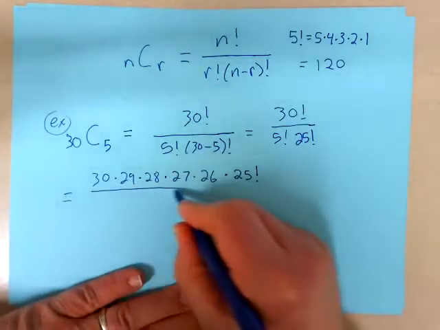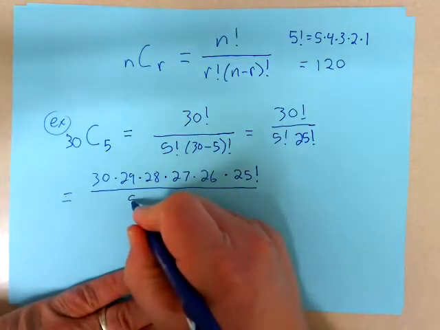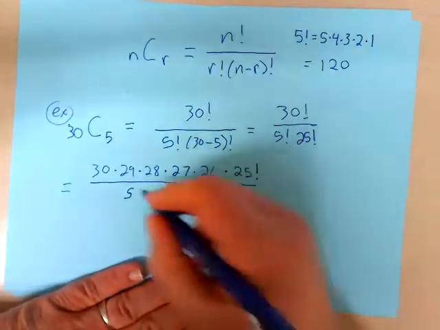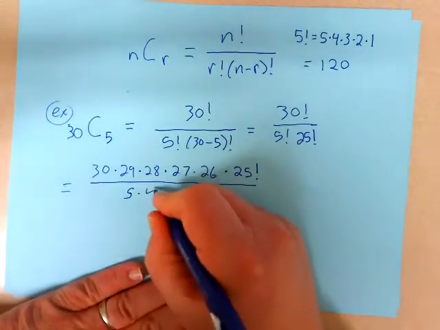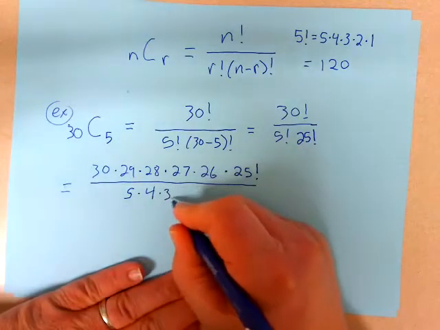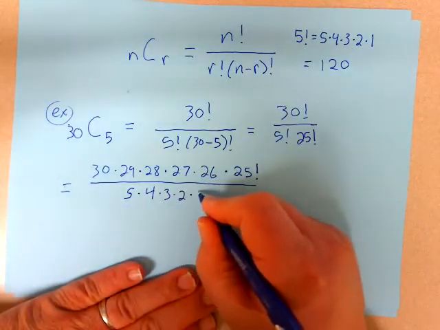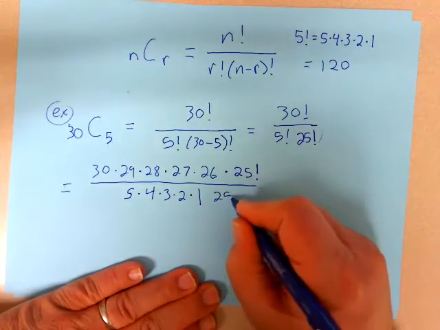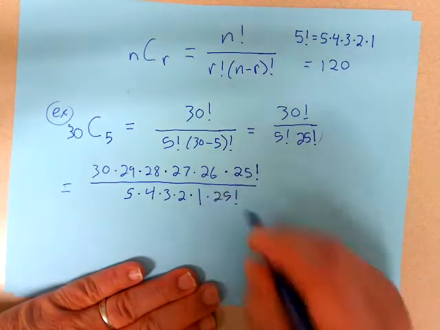The reason for doing that is on bottom I have 5 factorial and 25 factorial. So I'm going to do the 5 times 4 times 3 times 2 times 1. And then I have 25 factorial.